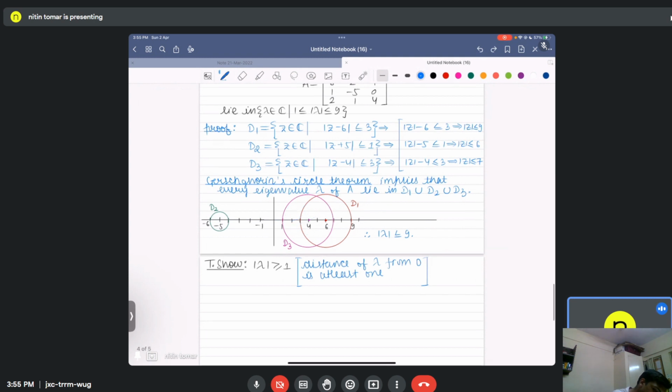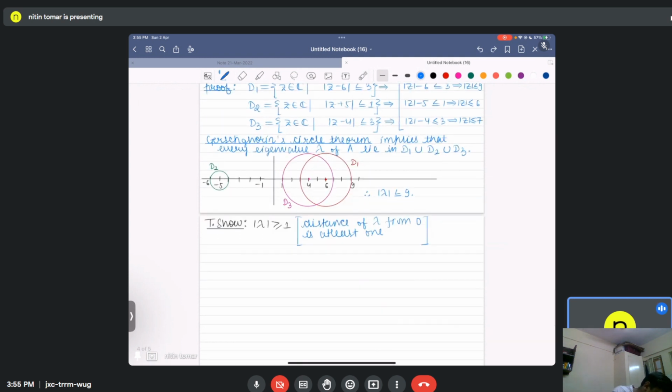So let us write that. We did it pictorially, and geometrically it is very clear. Let us just write it mathematically. If lambda belongs to D1, then by the reverse triangle inequality, which will always hold, mod lambda minus 5 is at most 3.